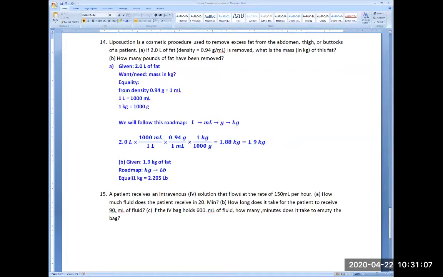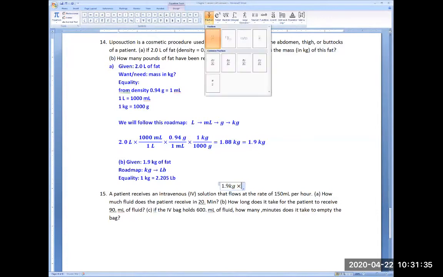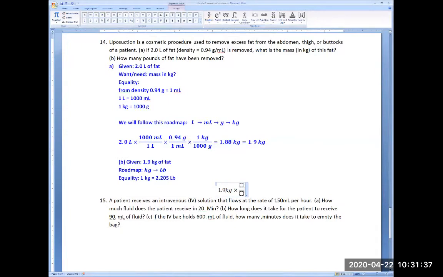That's an equality. And out of an equality, we can write 2 conversion factors. So the calculation always starts with the given amount. When you're ready to write your full calculation, you always want to start with the given amount. And the given amount is in the numerator. So we have 1.9 kilogram, and we want to change that to pound.